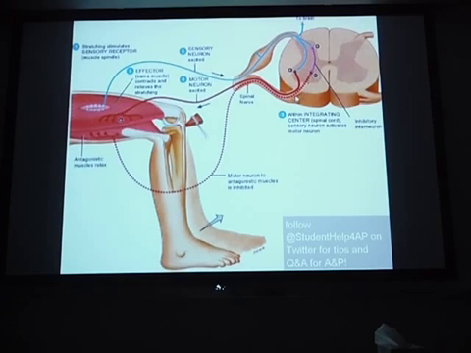Now, the dotted line you see here and the extra branch you see here is what's called the reciprocal innervation. While this reflex is going on, another impulse is branching off from the sensory neuron that is going to stimulate an interneuron in the integrating center.